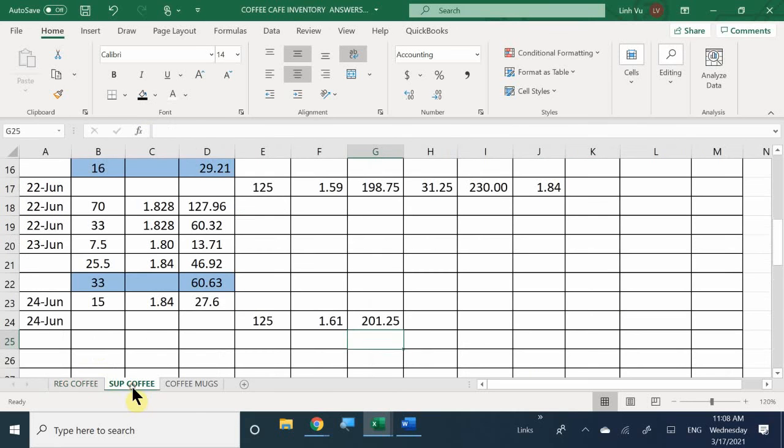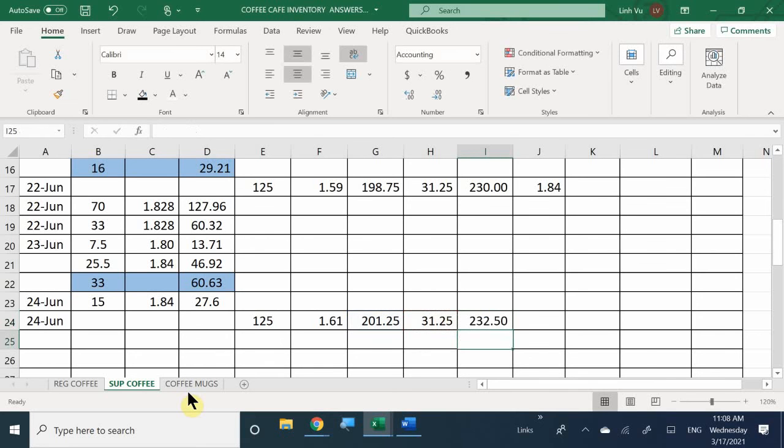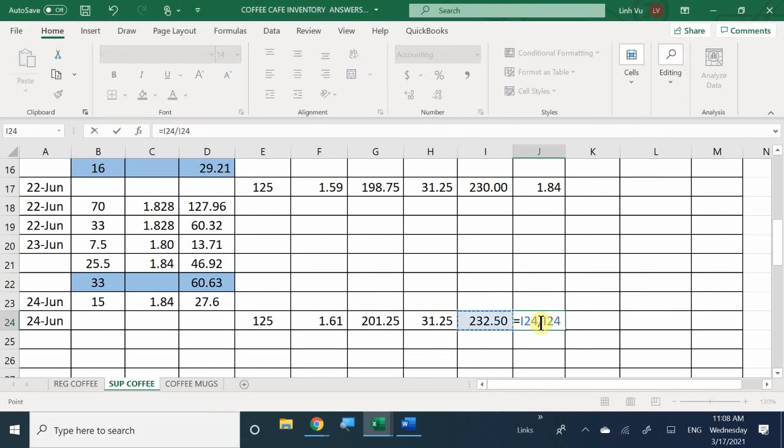Now we're gonna go to my Supreme Coffee. Over here, we added 31.25. So what's my total cost here? 232.50. So again, what is my cost per item? 186. Okay, even. Perfect. Wow.